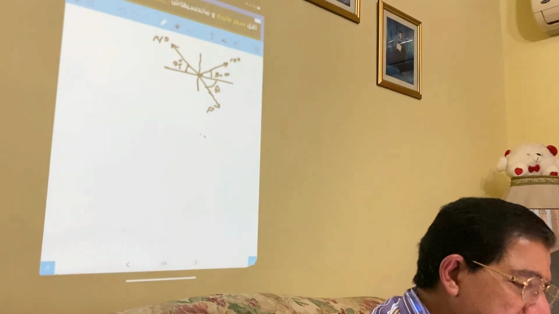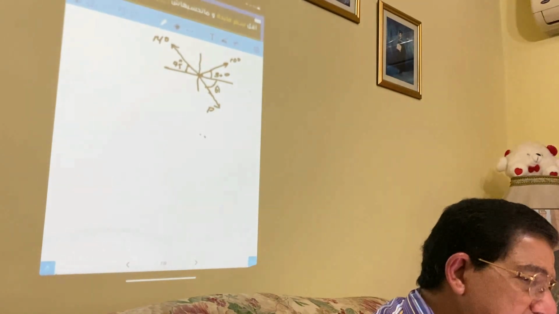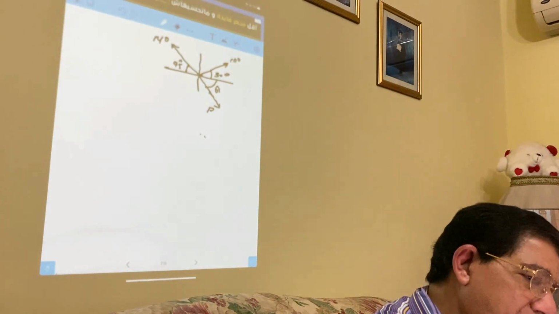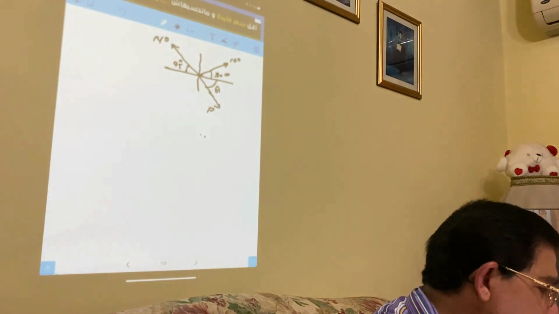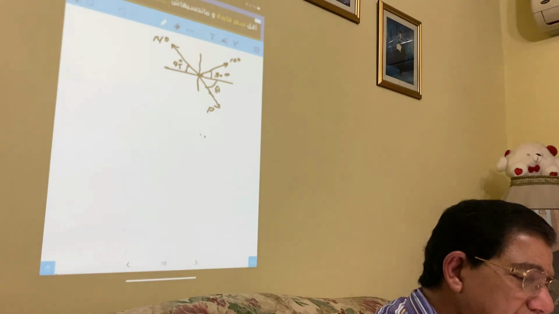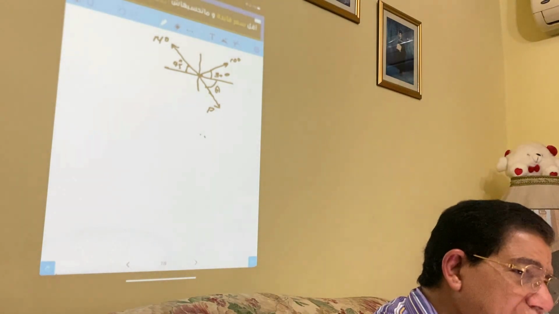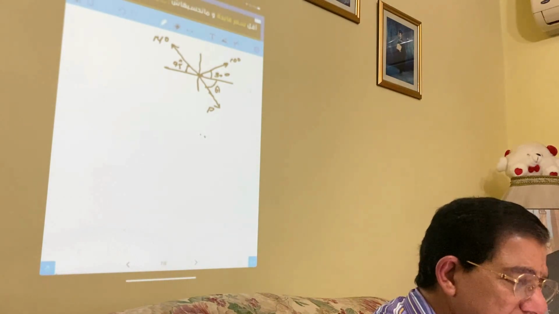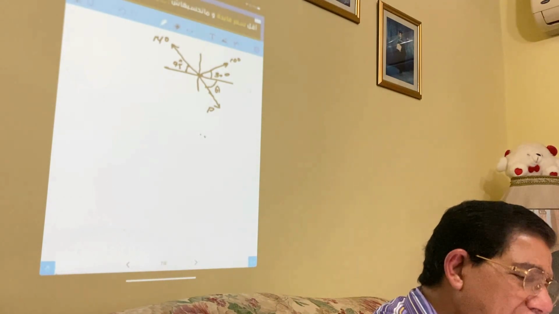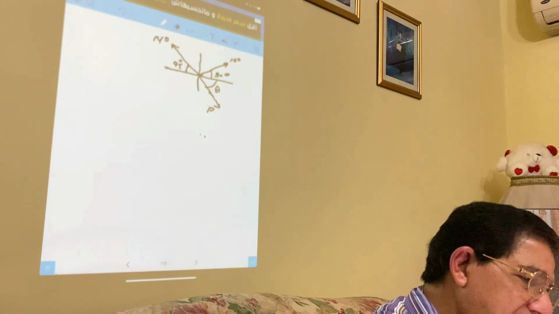Later we have another example where the forces don't make equilibrium. What we are going to do is this. We are going to add all the forces horizontally, and then add all the forces vertically.